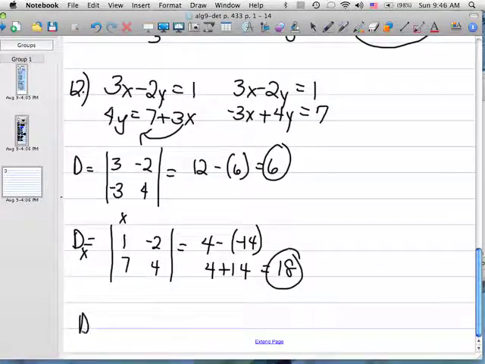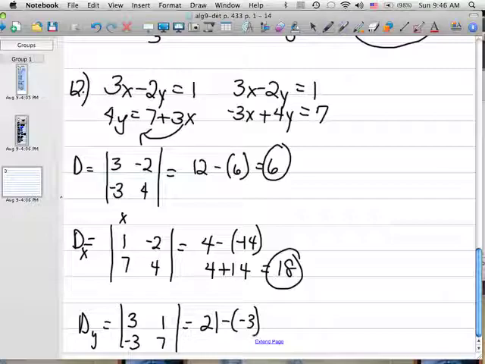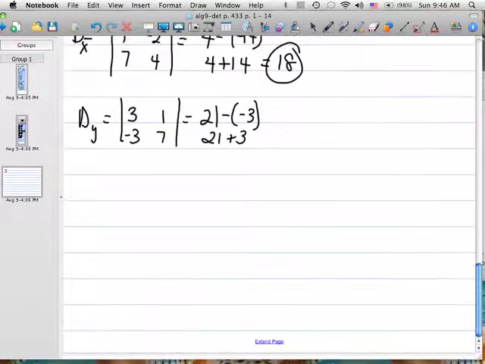And the determinant for y, since we're looking for y, we leave the x column alone, 3, -3. Put the constants in the y column, 1, 7. So 3 times 7 is 21, minus a -3. That's 21 plus 3. So that would be 24.